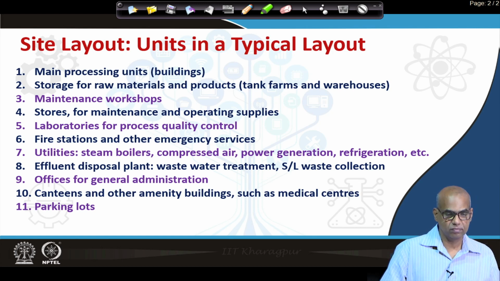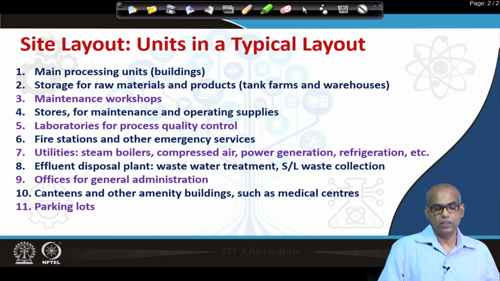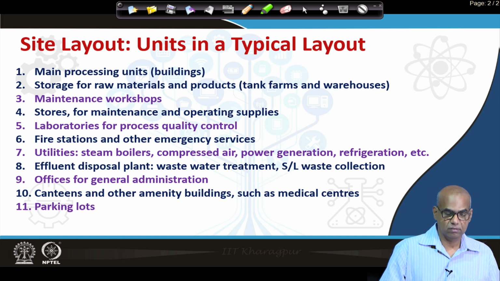Main processing units, storage for raw materials and products, this will be tank farms and warehouses, maintenance workshop, stores for maintenance and operating supplies, laboratories for process quality control, fire stations and other emergency services, utilities such as steam boilers, compressed air, power generation, refrigeration, etc., effluent disposal plant, wastewater treatment, solid and liquid waste collection, offices for general administration, canteens and other amenities buildings such as medical center and also parking lots.